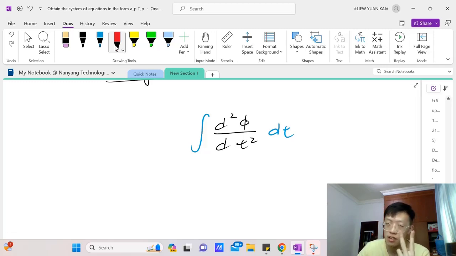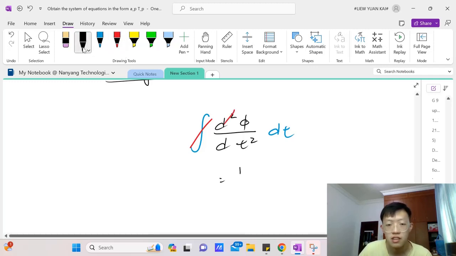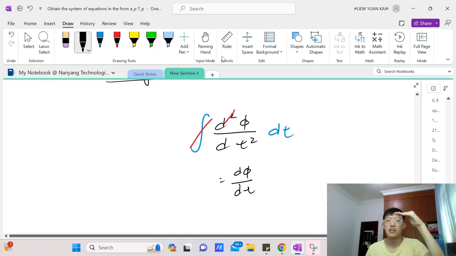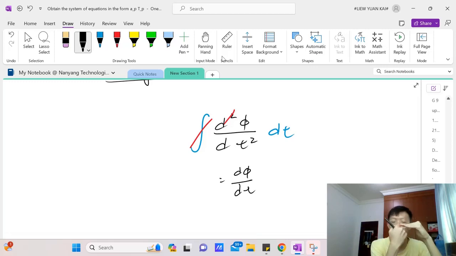The second derivative is actually differentiation of the differentiation, so what I'm left with is just the first derivative. At first it was the second derivative, then we integrated, it killed one of the derivatives, and we downgraded back to the first derivative.